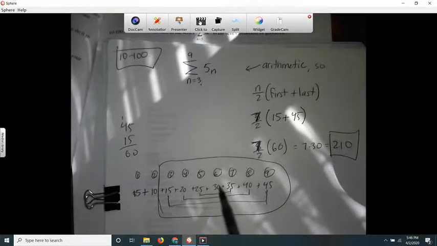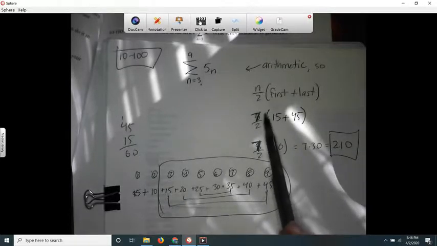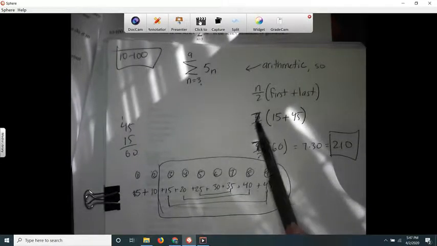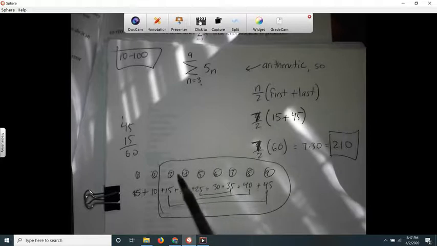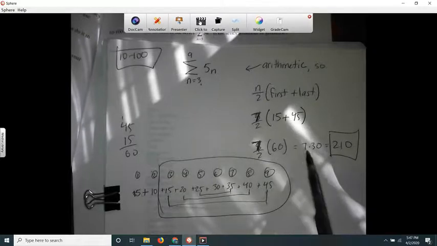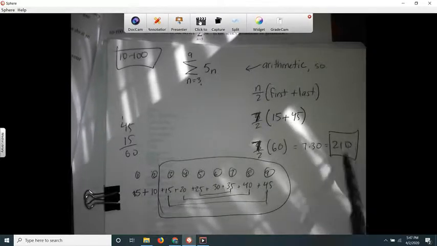And then you have this little extra pair. So that's where the n over 2 comes from. It's not 5 though, it's 7 over 2, because there are 7 terms. So there's 3.5 pairs, I guess you could say. And then I just do the multiplication, and I get 210.